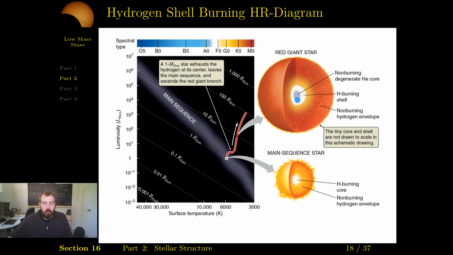Now around this inert core is what's called the hydrogen burning shell. This is a region around the star where hydrogen is still fusing. And we see the temperature goes down a little bit. The star goes down on the HR diagram in temperature, but the luminosity increases because of the swelling in size.